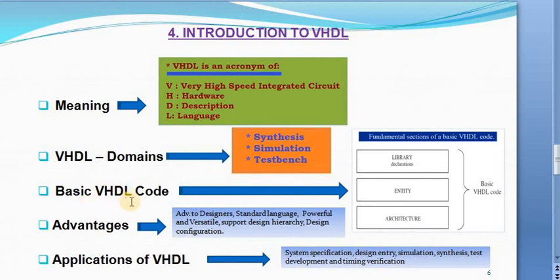Now let's study basic VHDL code. The VHDL code consists of three sections: library declaration, entity and architecture. The VHDL library declaration allows you to store commonly used packages and entities, which can be used in VHDL programs. The entity is the part which corresponds to the interface.